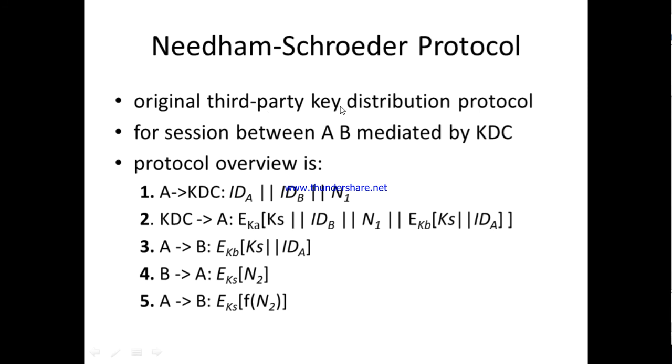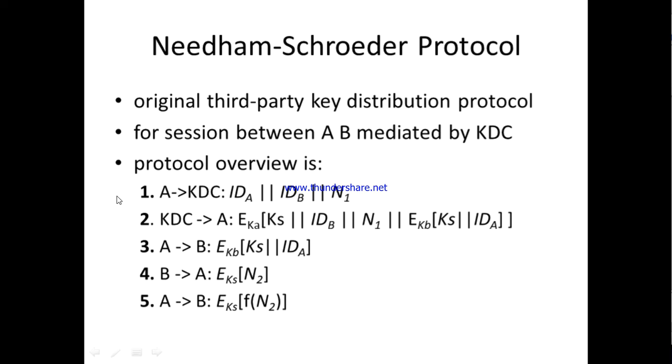This protocol uses the third party KDC. To establish a session between A and B, it is going to mediate, generate the secret key and distribute it between A and B. How will it be done?